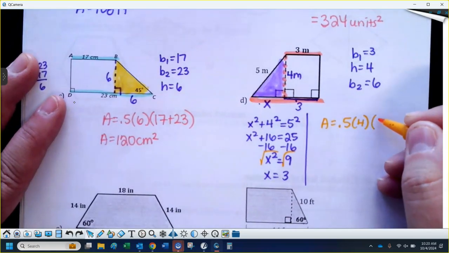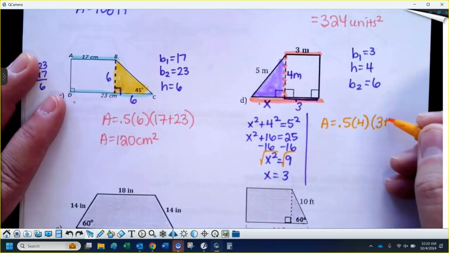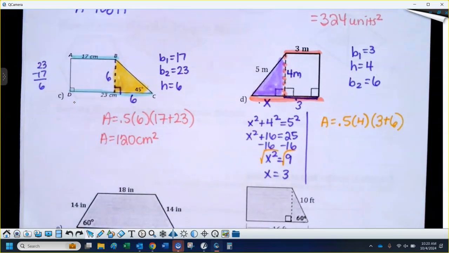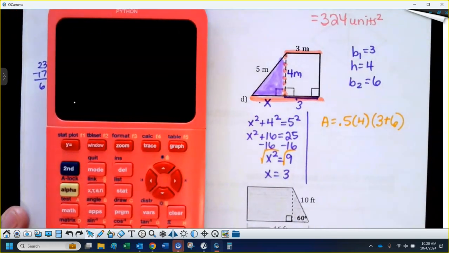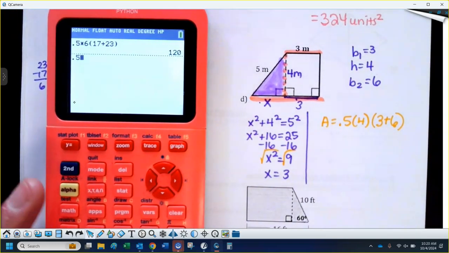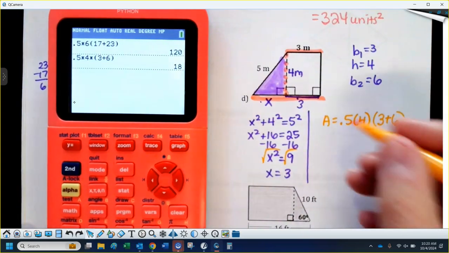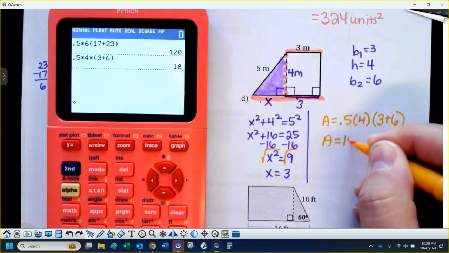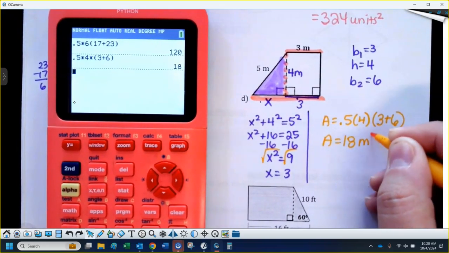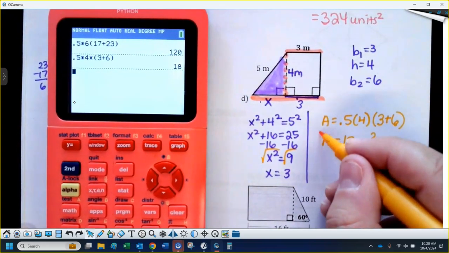And then we'd add the 2 bases. The base across the top is 3. The base across the bottom, we had to do some work to figure that out, but that would be 6. And you can add the 3 and the 6. That'll give you 9. Or if you want to just type it in your calculator, just put parentheses around 3 plus 6, and you can do it that way. 18, this would be meters squared, because I do have a label there.